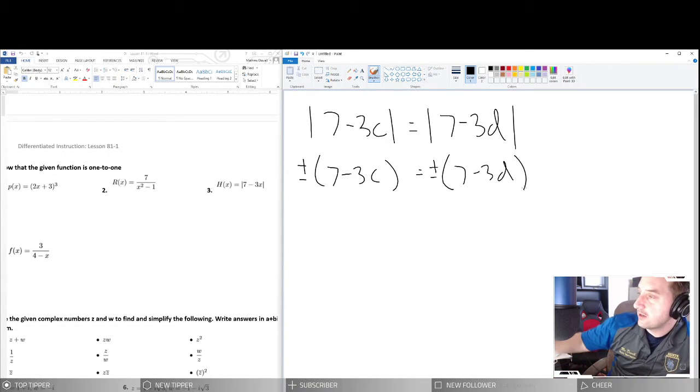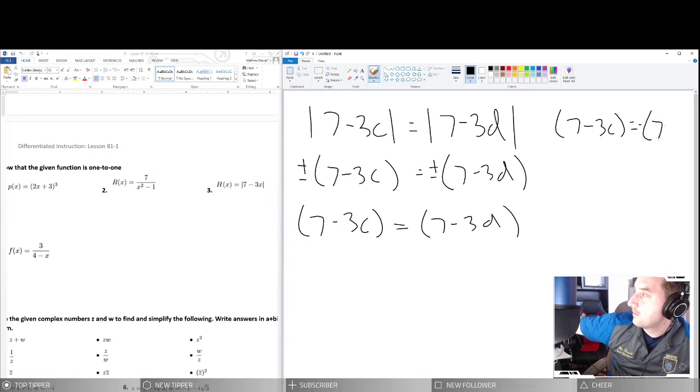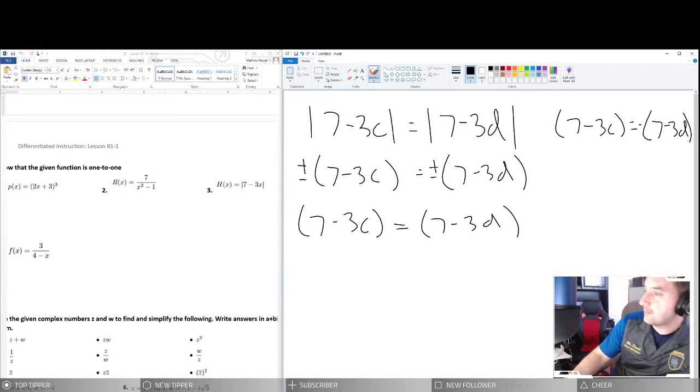So those two scenarios: you'd get 7 minus 3c equals 7 minus 3d. And then the other scenario would be a positive equaling a negative. Remember, you get plus or minus when you break apart the absolute value.